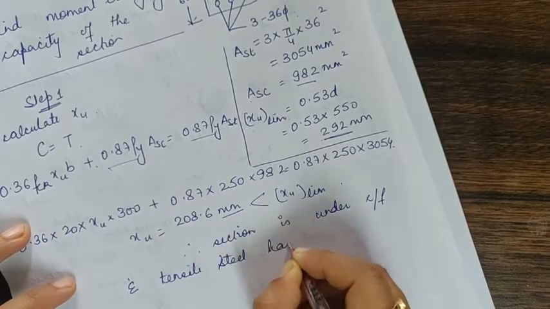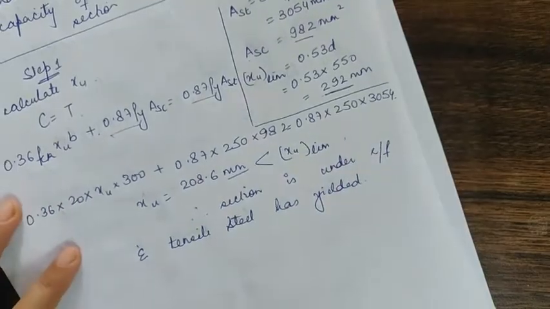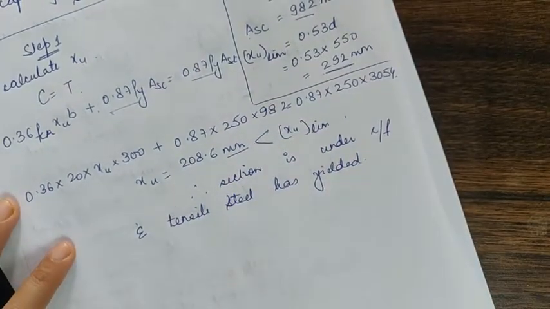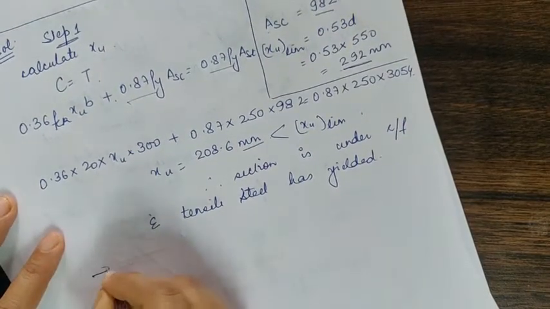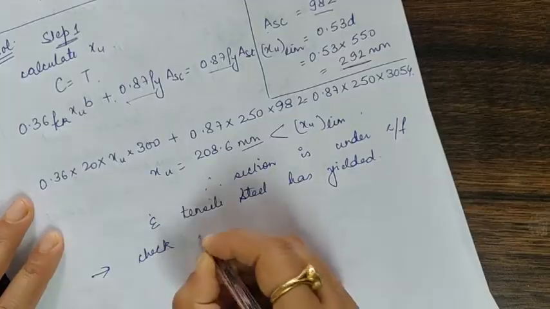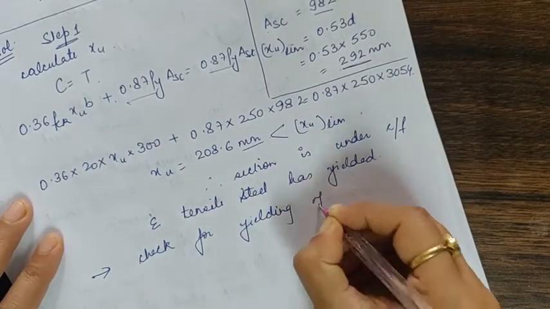So my first assumption is correct. Now let me see whether my second assumption is also correct, that is whether the compression steel has also yielded. So it means I am to check for yielding of compression steel.